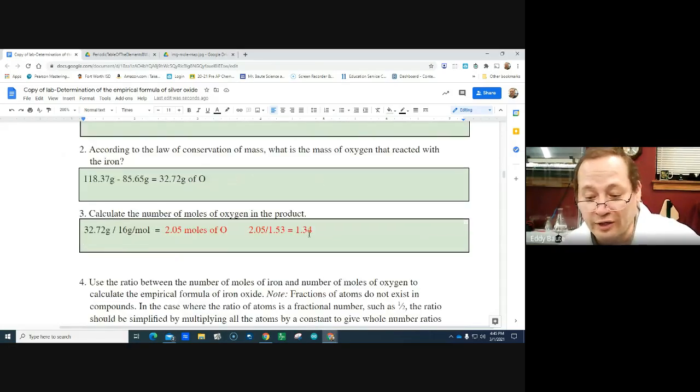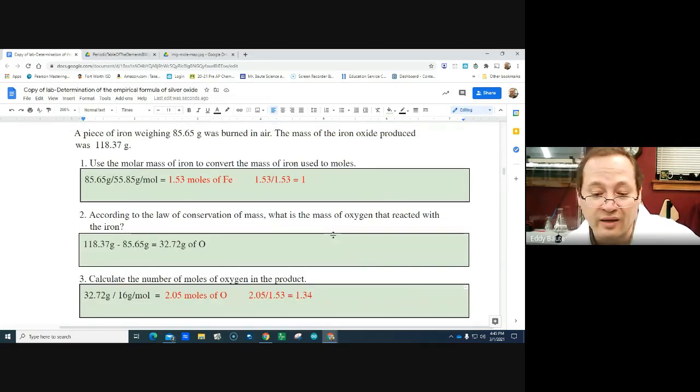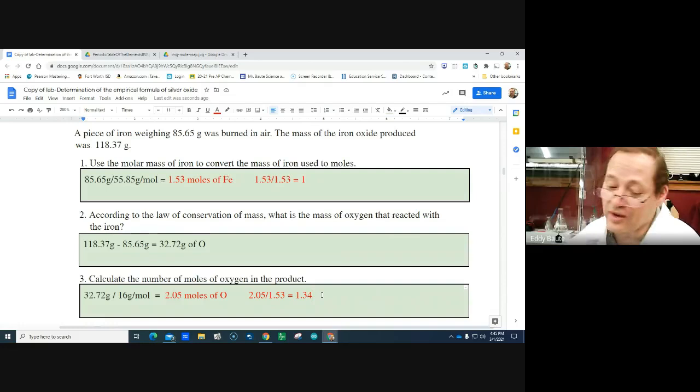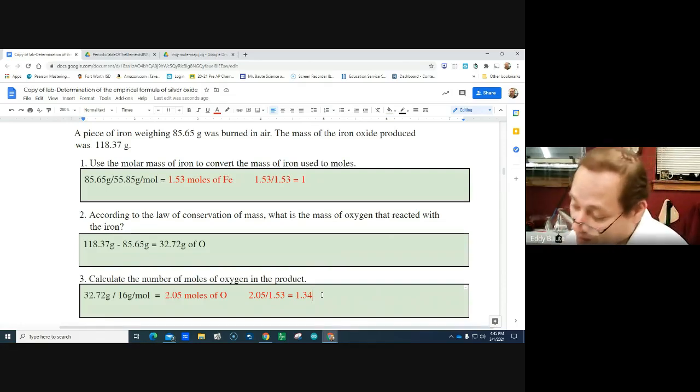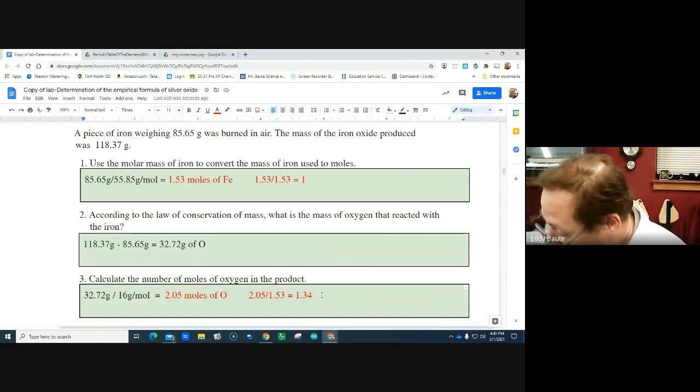If we could keep fractions, then it would be something like Fe1 and O1.34, but that can't happen. So we need to multiply these numbers by a whole number to get whole numbers at the end. By what number can we multiply 1.34 to get as close as possible to a whole number?